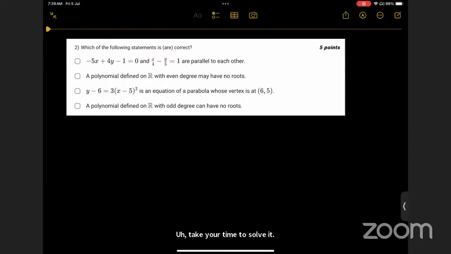Then we will do it. Write your answer on the chat box.